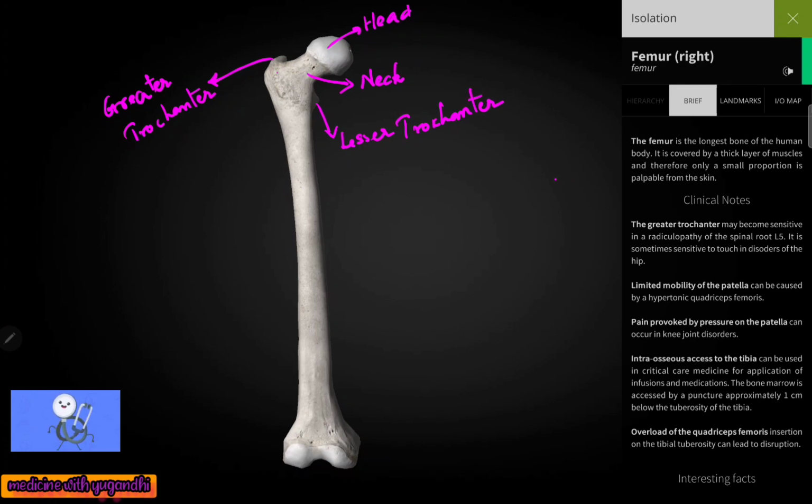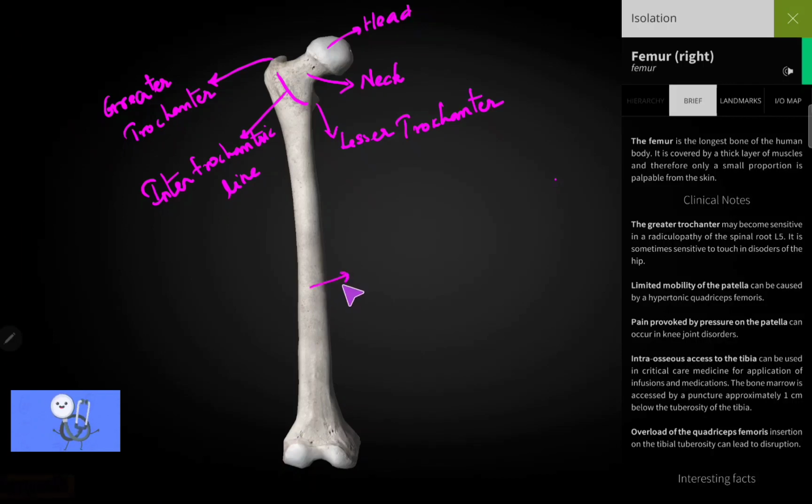This line is called the intertrochanteric line. And here you can see this whole portion. This is the anterior surface of the shaft of the femur.